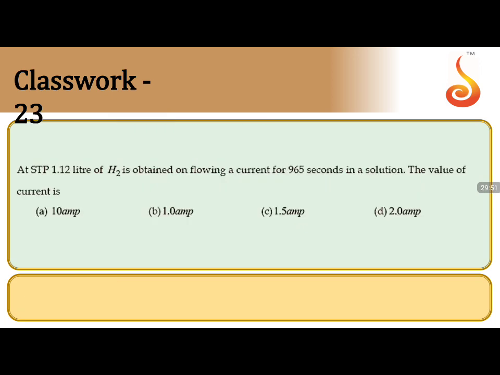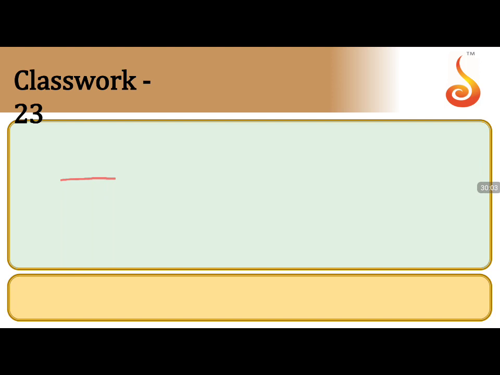Moving to the next one: 1.12 liters of hydrogen is obtained on flowing a current for 965 seconds in a solution. The value of the current is? How to answer this question? 11.2 liters of hydrogen is equivalent to one equivalent, which is equal to 1 Faraday.